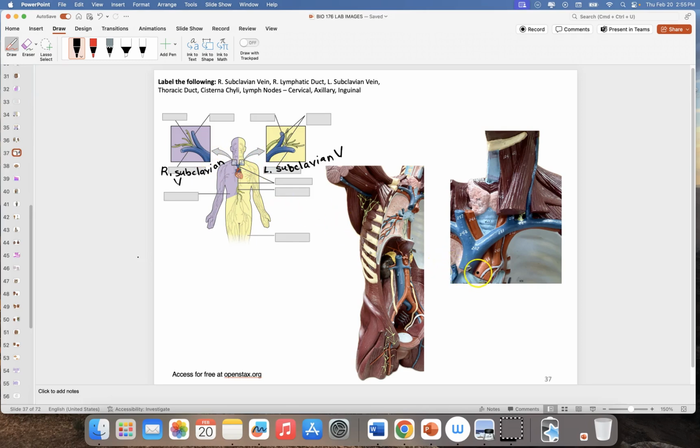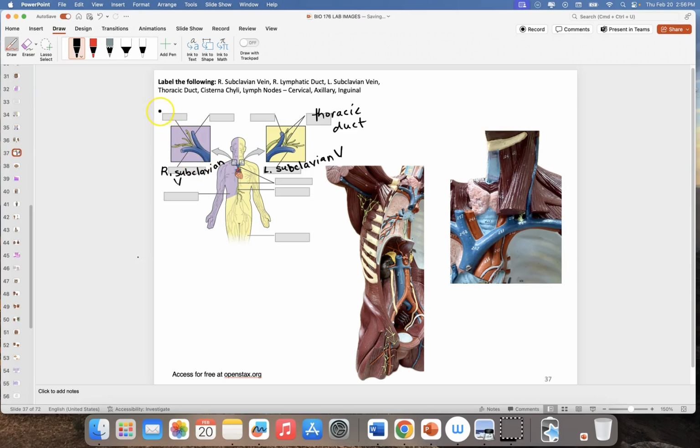We can also see that subclavian vein on the left side over here in our model from the lab. And on the left side, the thoracic duct is going to be responsible for draining lymph into that subclavian vein.